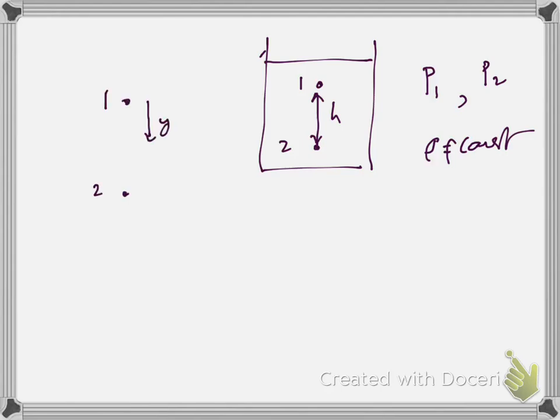At a distance y below point 1, I take a small disc whose thickness is dy. A small portion of liquid, a cylindrical portion only, but the thickness is dy. So we'll draw forces on this.